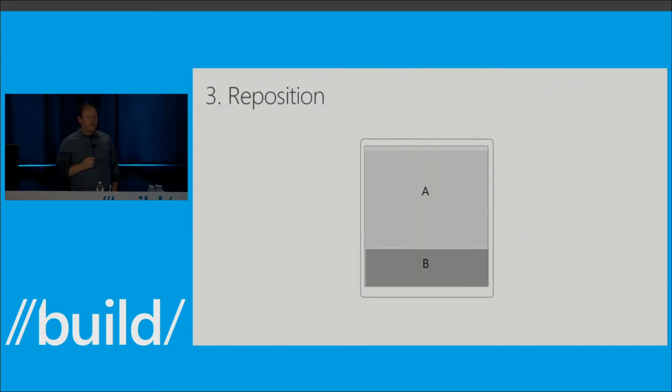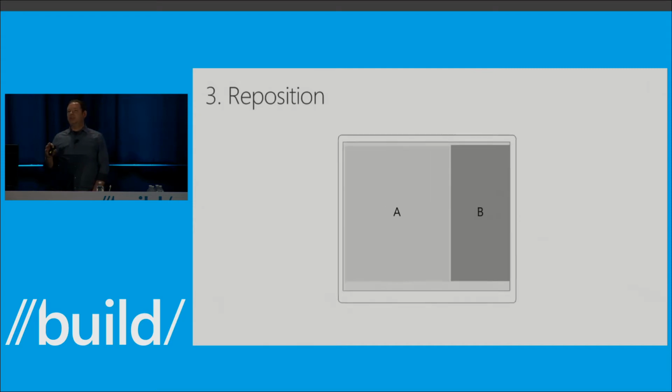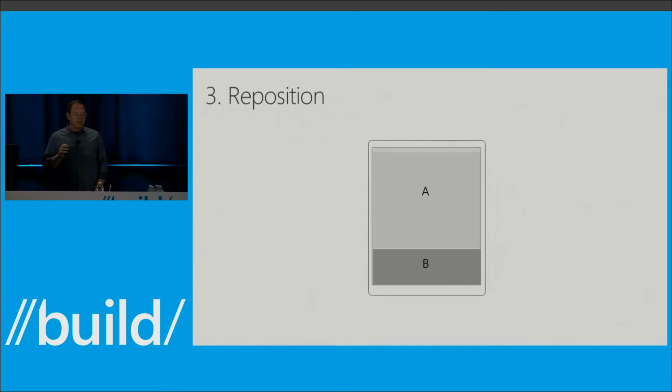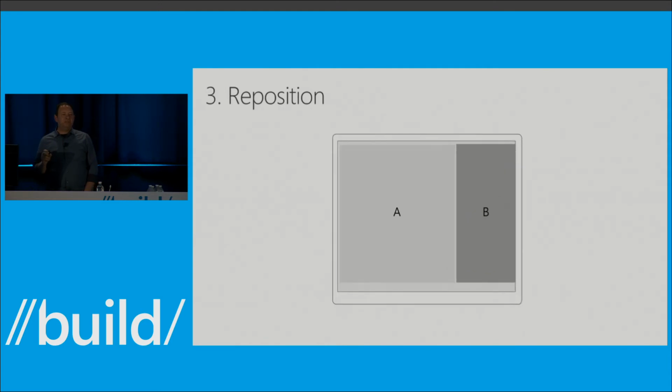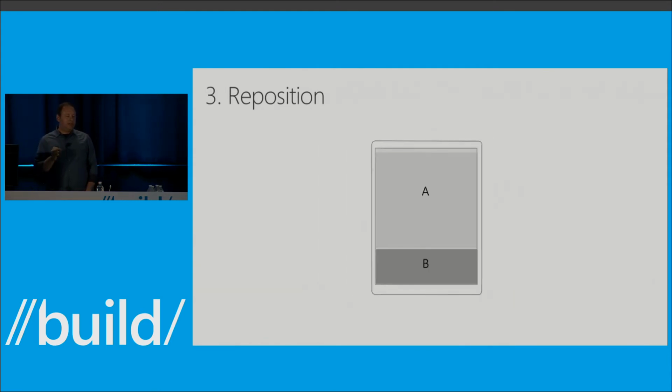The third technique will be reposition. We all know that your app can be made up of multiple sections of content that are just laid out throughout the screen. With reposition, we have section A and section B. When the screen size first starts to be reduced, section A reduces in width.